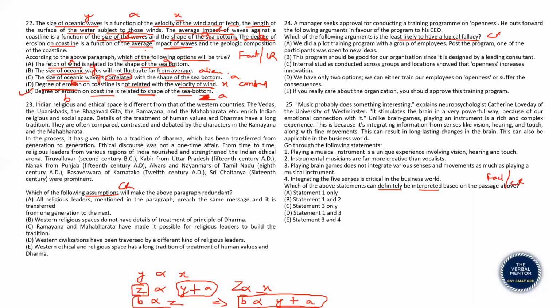Though guys, why did I solve this question like this? I usually do not have to form mathematical equations. I can do this mental mapping. Size of oceanic waves is a function of something, and then that is in turn a function of something else. I'm usually able to do it within 30 seconds. I'm able to mental map it.